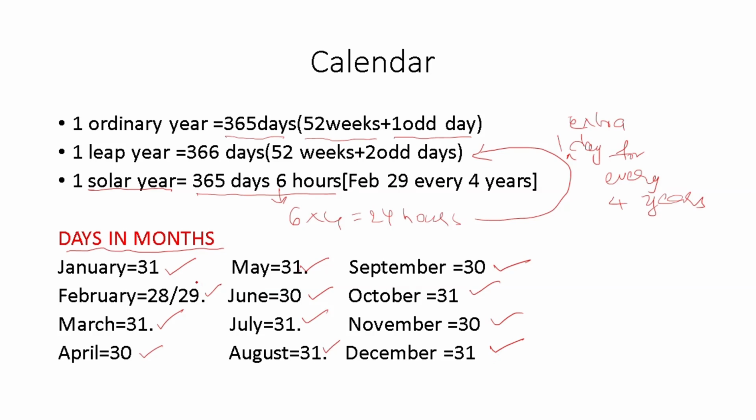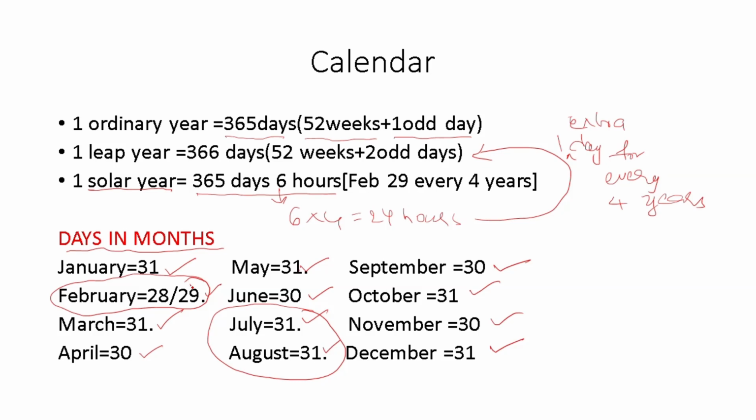February is the only month having less than 30 days, and apart from February, 30 is followed by 31, 30 is followed by 31. That is the sequence, but in July and August we are having 31 consecutively, and February has 28 or 29 days. These are the only 3 months which don't follow the order.